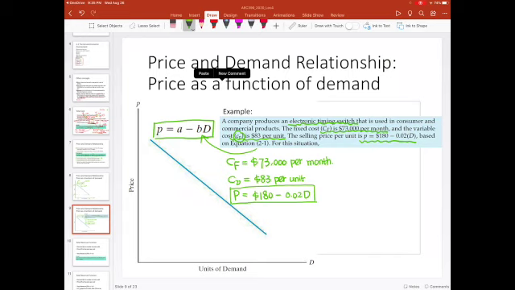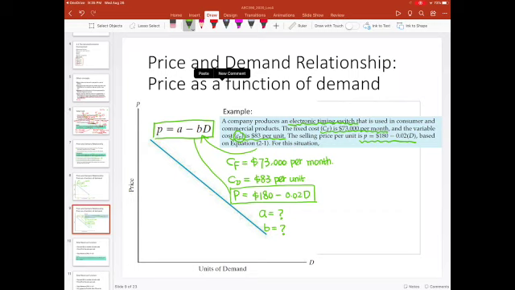What I want you to do here is compare these two formulas. P is P, right? And D is D. Those are the two identical variables. Now can you tell me what is A and what is B? Just compare these two formulas.